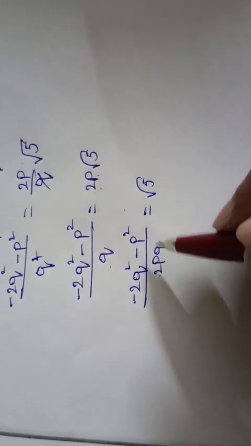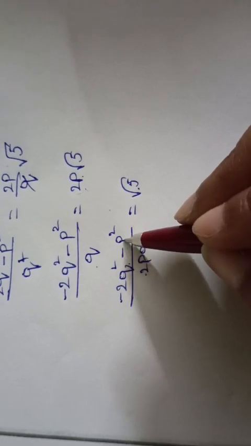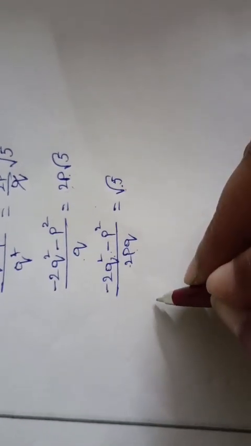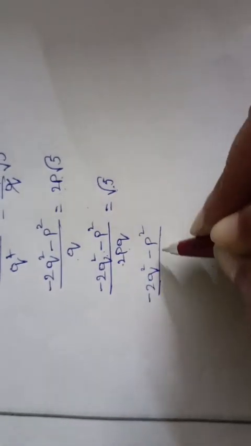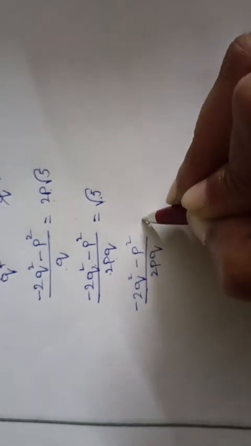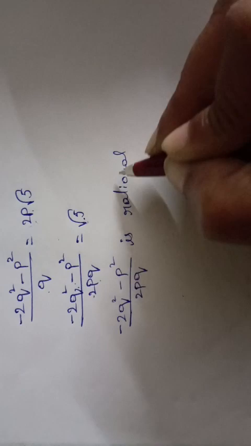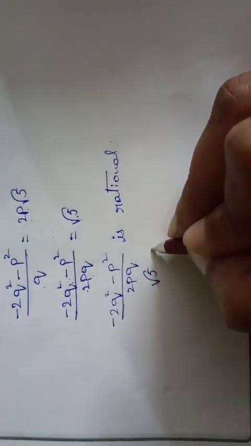Now this is our LHS and this is the RHS. This is in the form of p by q, and it is an irrational part. So minus 2q square minus p square by 2pq is rational, whereas root 5 is irrational.